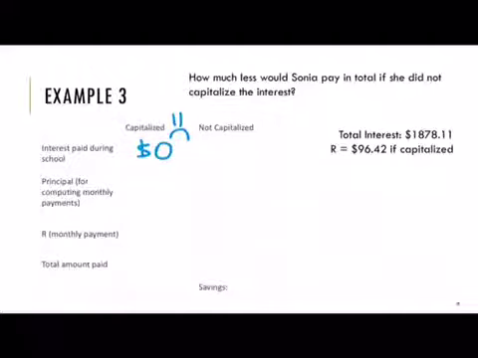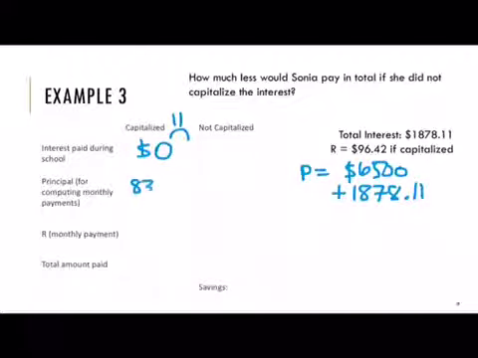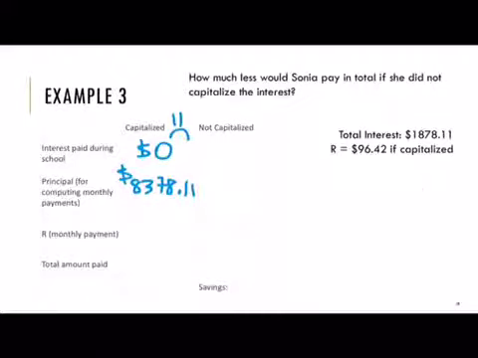So then her principal ended up being the amount that she borrowed, which was $6,500, plus the interest that accrued, and the P that we used to calculate her monthly payments was $8,378.11.